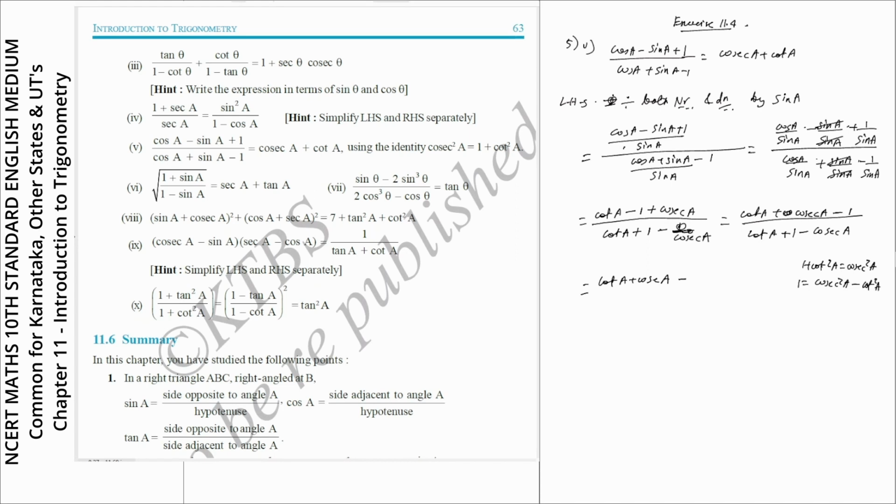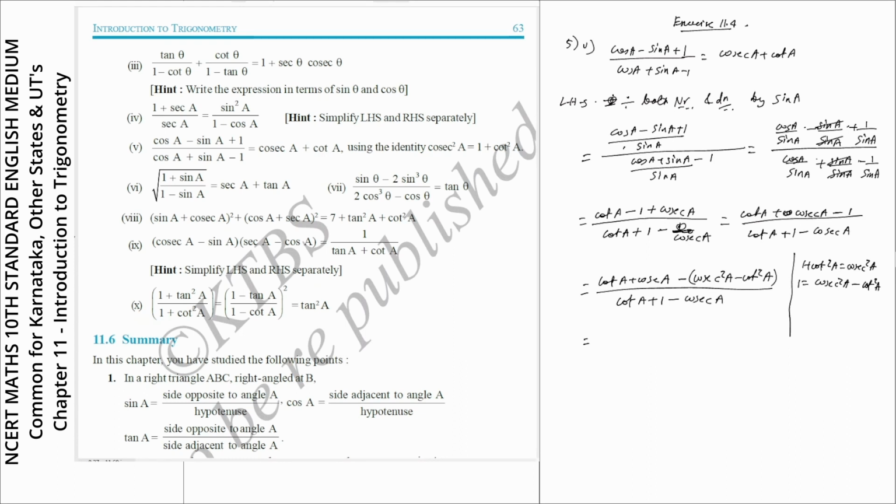So here I'll write in that form. Instead of 1 I'll write cosecant square a minus cot square a. I'll write the whole divided by denominator as it is, cot a plus 1 minus cosecant a.